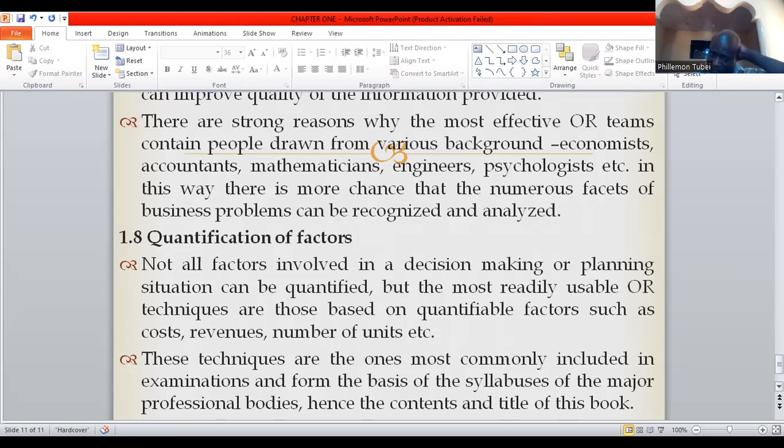These techniques are the ones most commonly included in examinations and form the basis of the syllabuses of the major professional bodies.